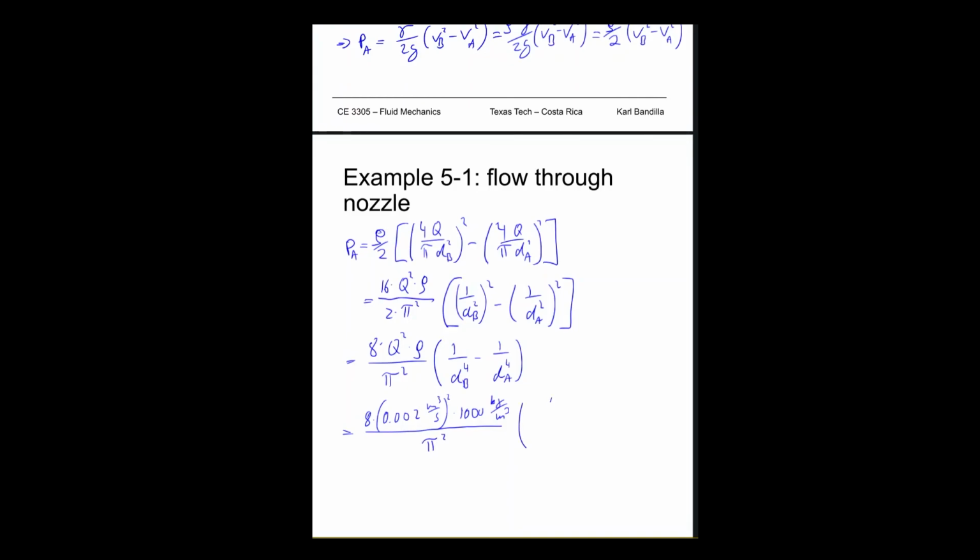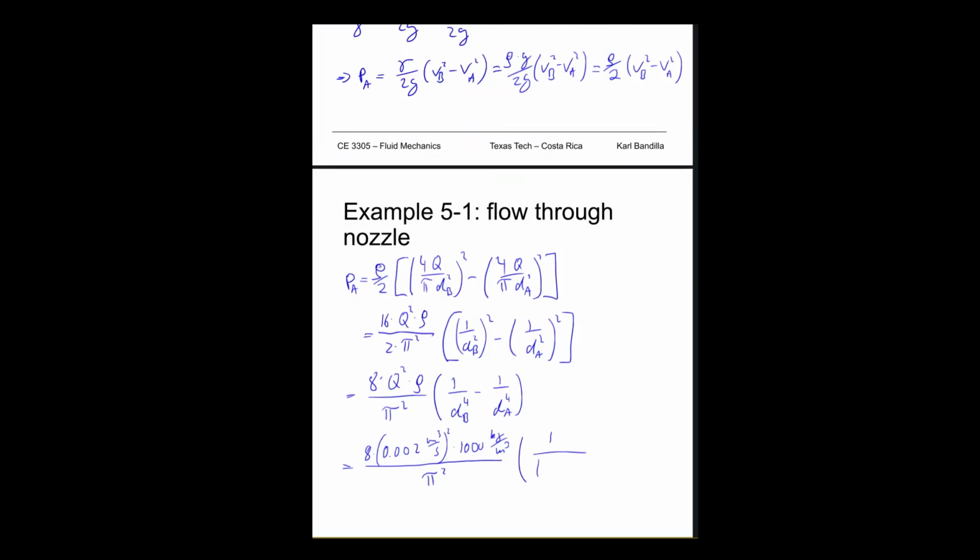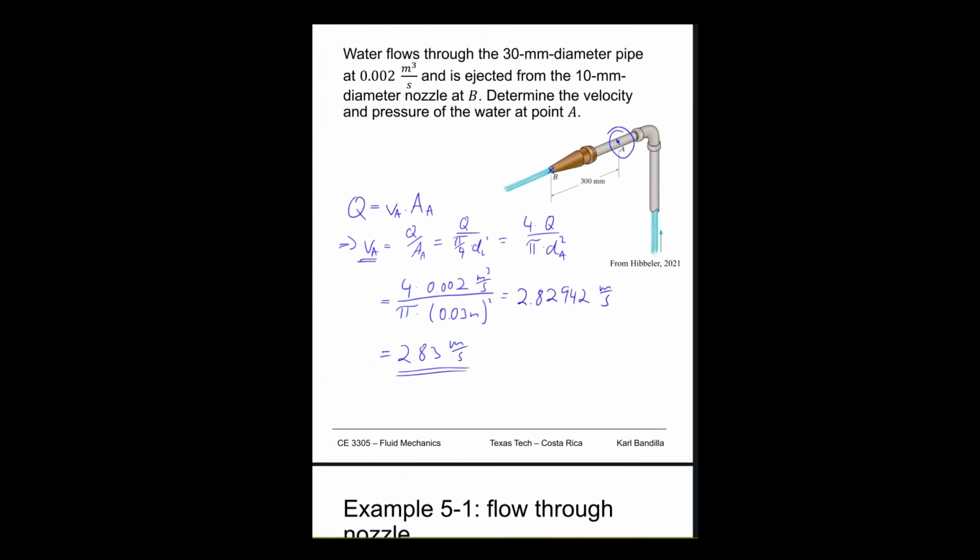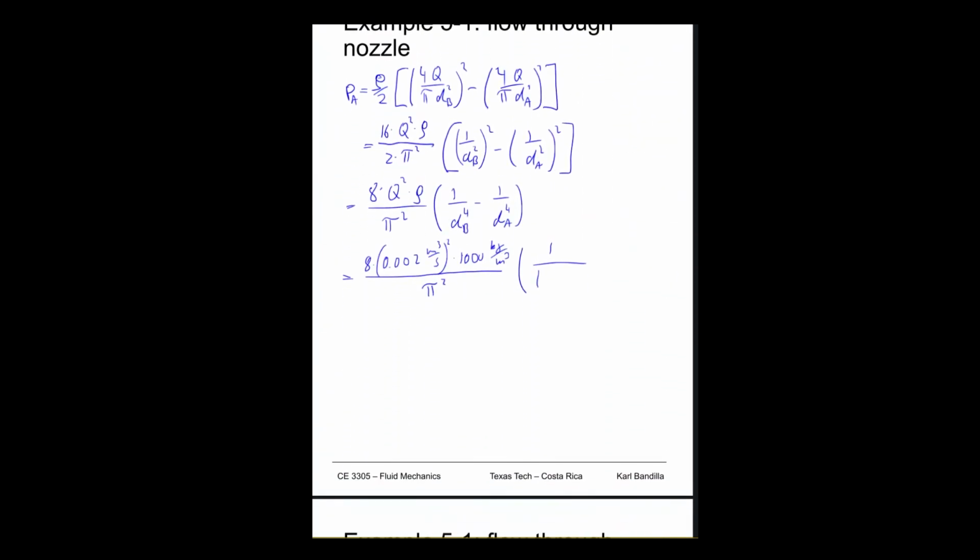And then back here we'd have 1 over, now dB was the smaller one, right? That was the 10 millimeter one. So it'd be 0.01 meters to the 4th power minus 1 over 0.03 meters to the 4th power.